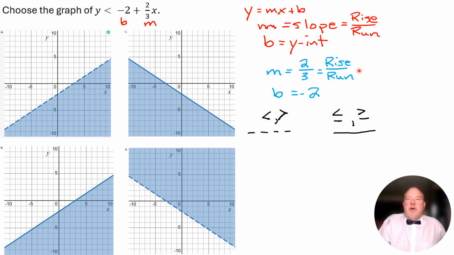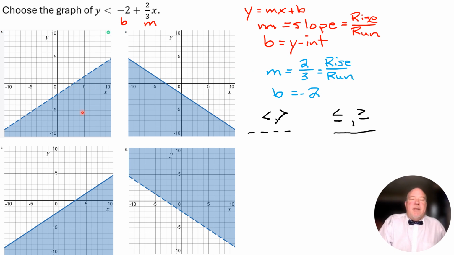Going back to the rise over run, starting from the y-intercept, -2, if I rise 2 and then run 3, I should end up on the line. Starting here, up 2 and then over 3, yep, it hits the line. So that confirms that the slope is 2/3.